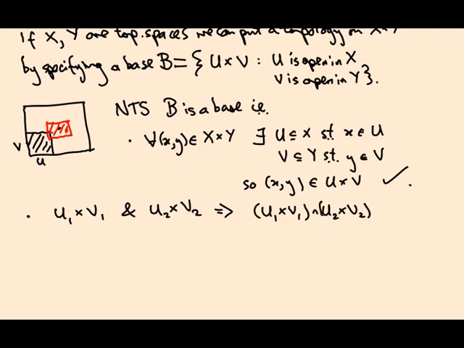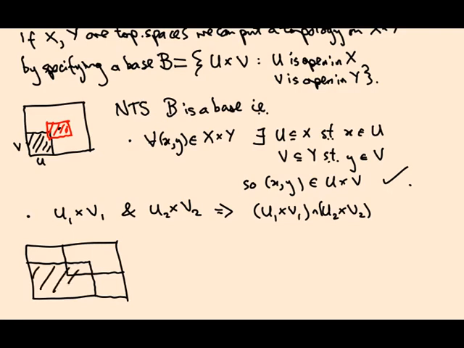But actually you can kind of see from this picture, maybe I'll make it a bit bigger. If I just have a rectangle and I intersect them, I get another rectangle. So the union is not a rectangle, but the intersection is a rectangle.